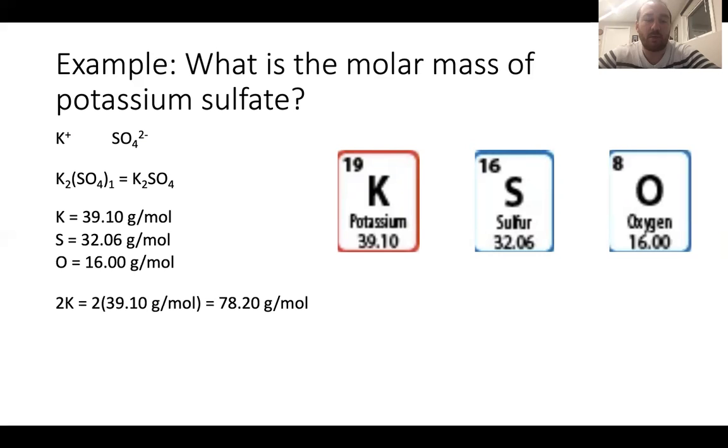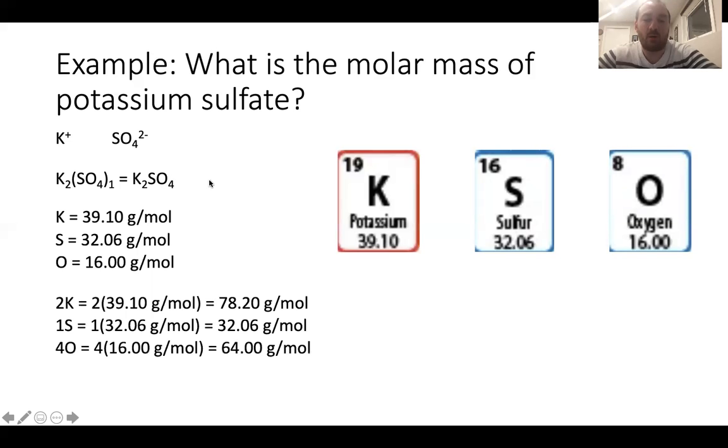So now we're going to need to look at the chemical formula and multiply the molar mass of each element by the number of atoms present in that molecule. So we have 2 potassium, so we need to multiply this molar mass by 2. For sulfur, we only have 1, so we just multiply the molar mass by 1. And for oxygen, we have 4, so we need to multiply its molar mass by 4.